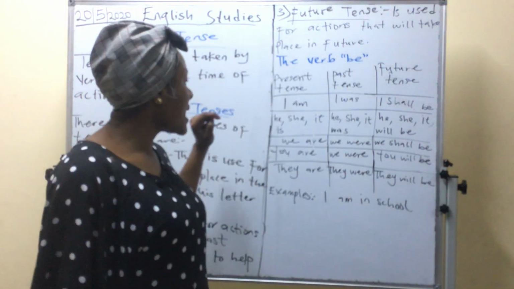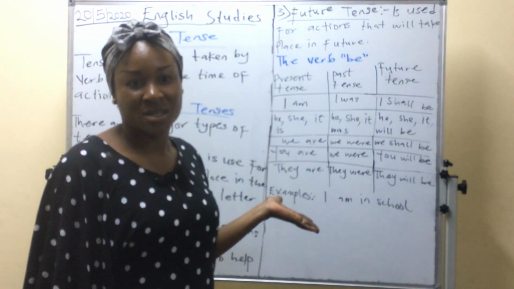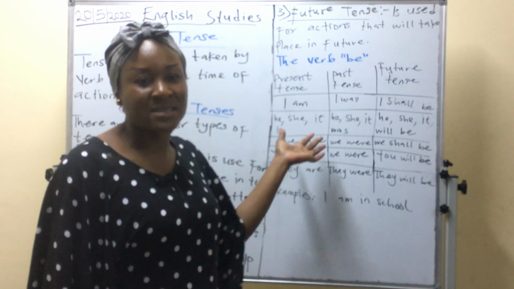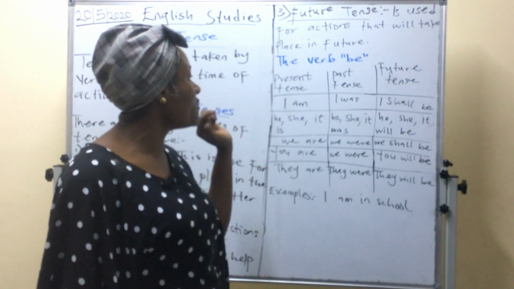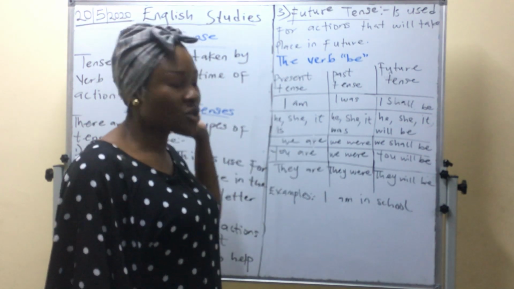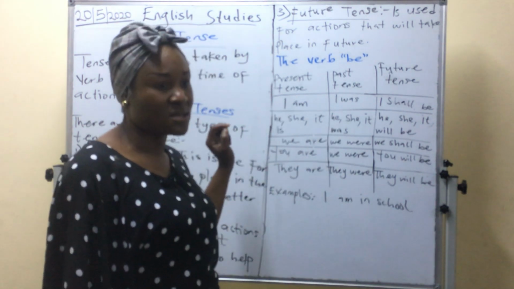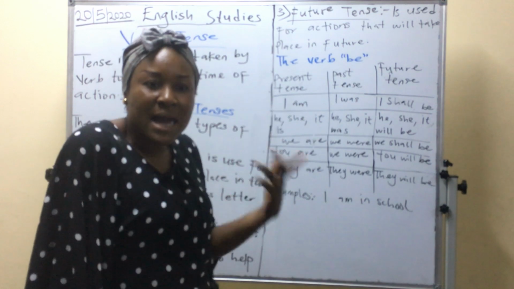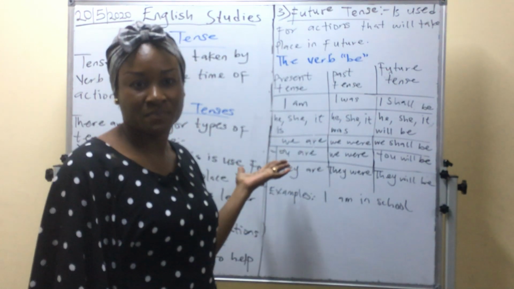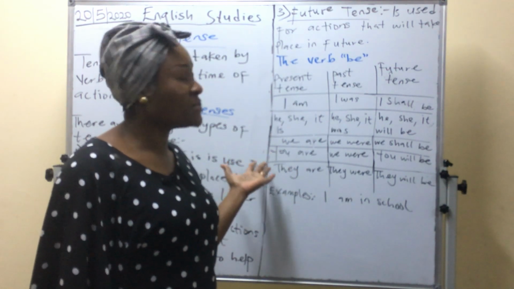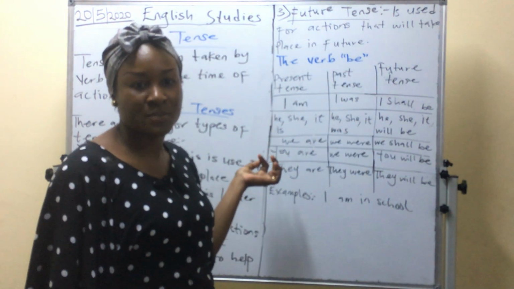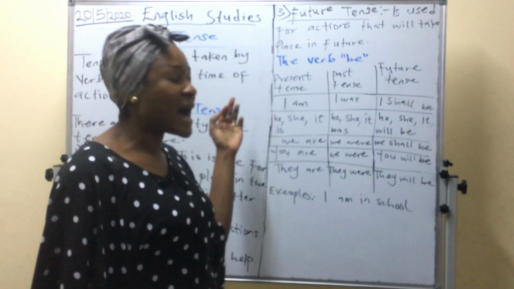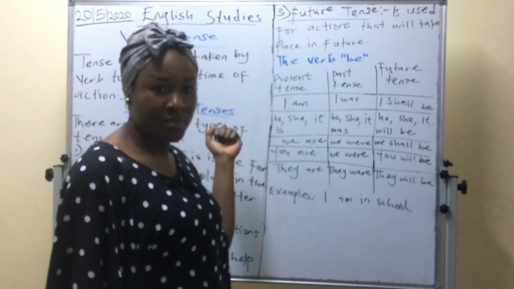You cannot say I be, because that is the verb be. No. In the verb be, the present tense of the verb be is am. So when I'm using the verb be to make a sentence in tenses, I'm going to say I am. You do not say I be, because that's wrong English. So you say I am.